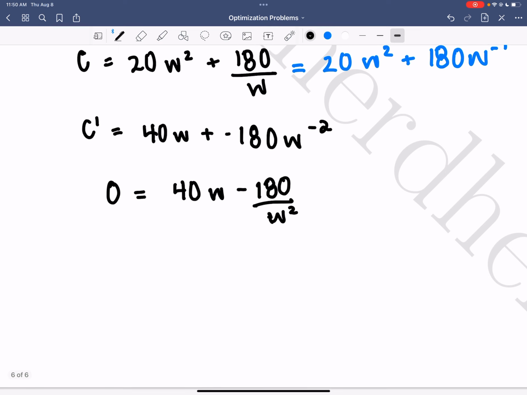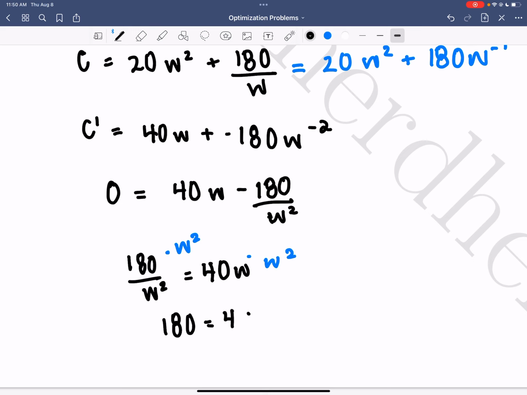We're going to use some more algebra. We're going to move this to the other side by adding it. So we get 180W squared is equal to 40W. Next thing we're going to do, we're going to multiply so that we get everything on one side. 180 equals 40W cubed.